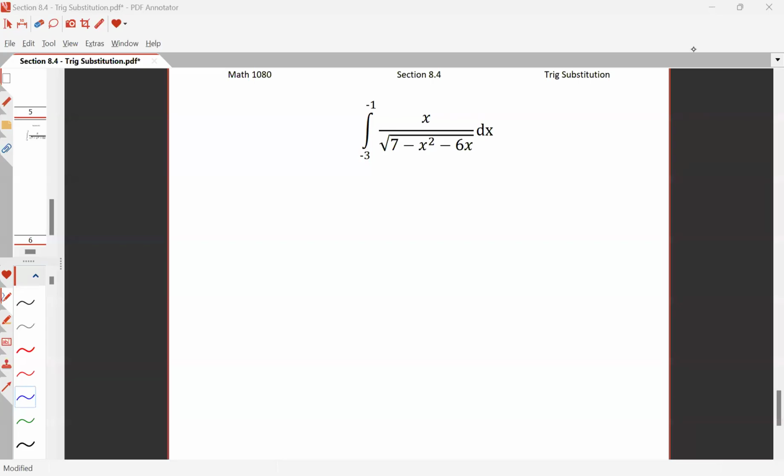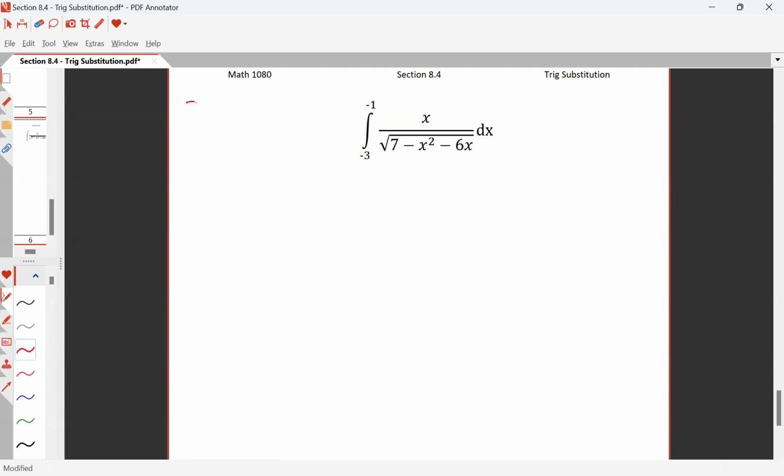Hello. In this example, we are taking a look at another integral where we see a quadratic under a square root. Now, in the last video, I mentioned checking to see if it nicely factors into something that will help us.